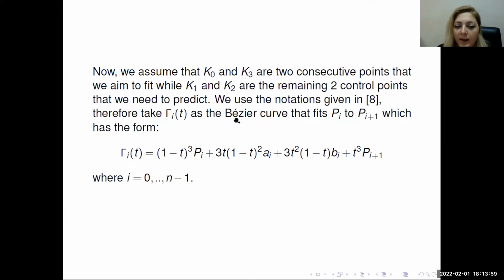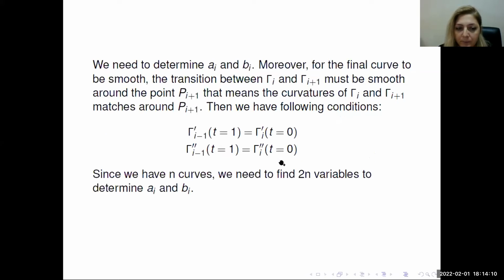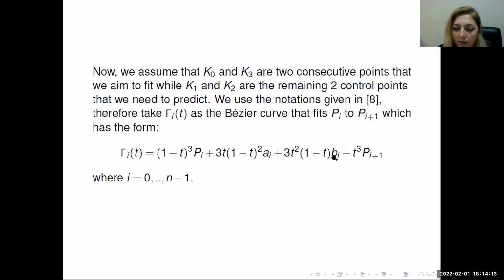Take gamma i as the Bézier curve that fits p_i to p_(i+1), and it has this form. Now we need to determine the coefficients A_i and B_i here.